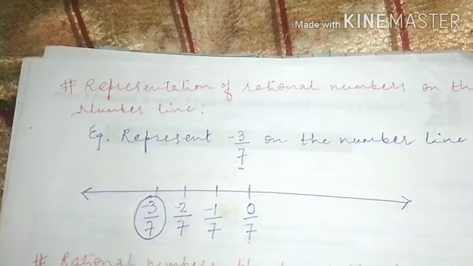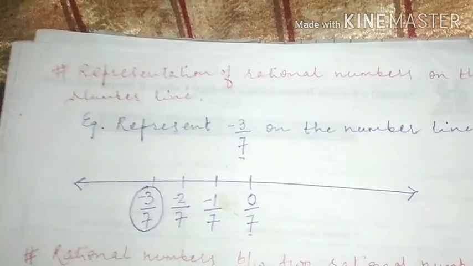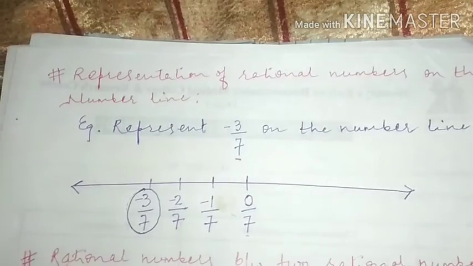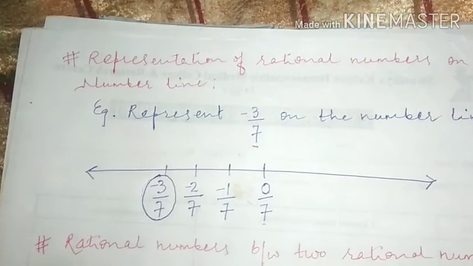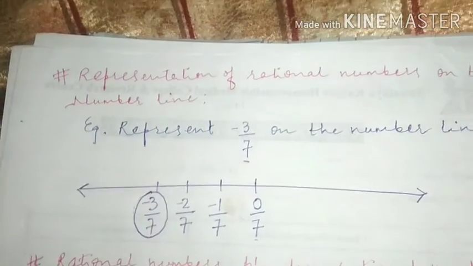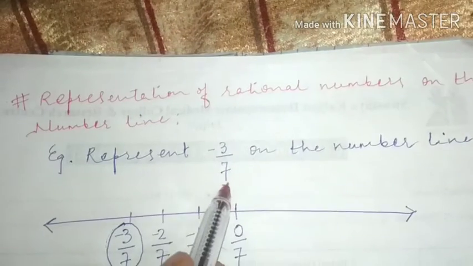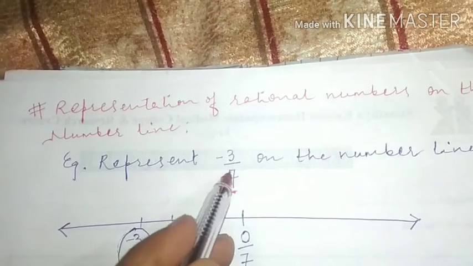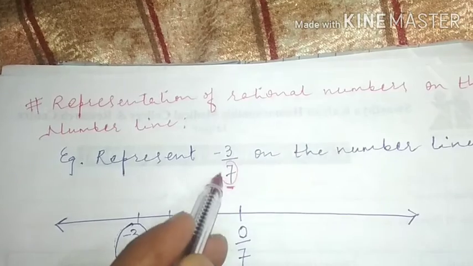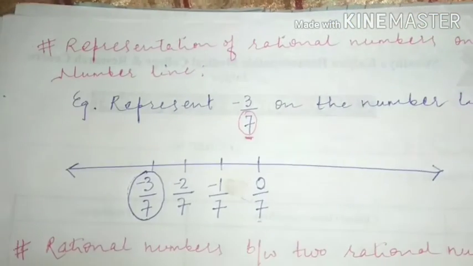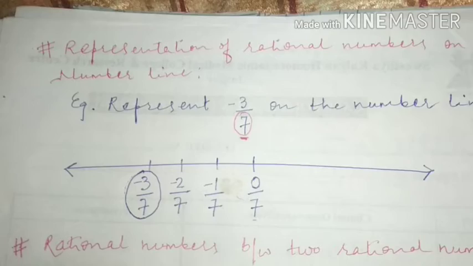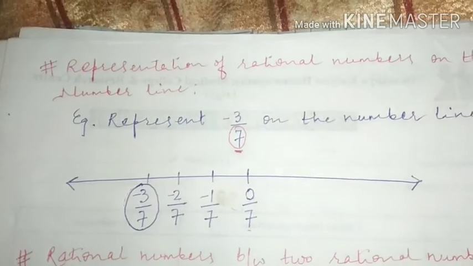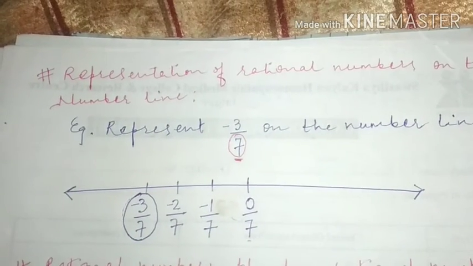All right, so why are we writing 0 as 0/7 in this example? Because we are to write -3/7. In -3/7 we have 7 as denominator. That is why we have written 0 as 0/7, so that we can represent this -3/7 on the number line easily.